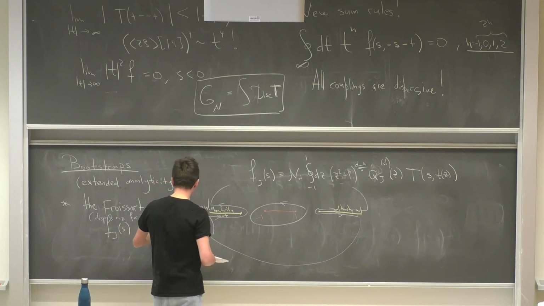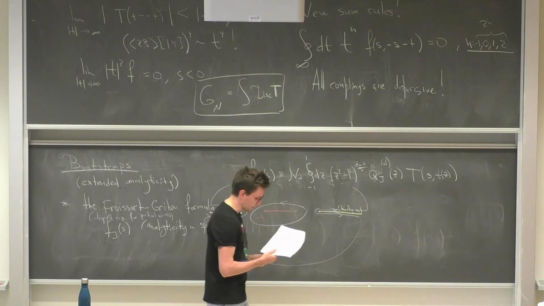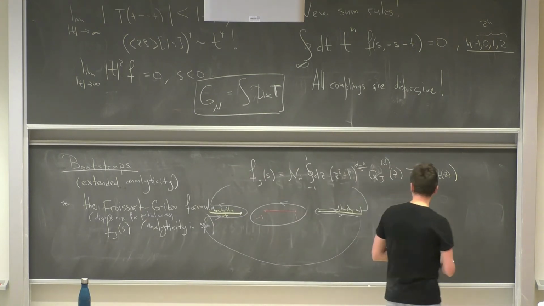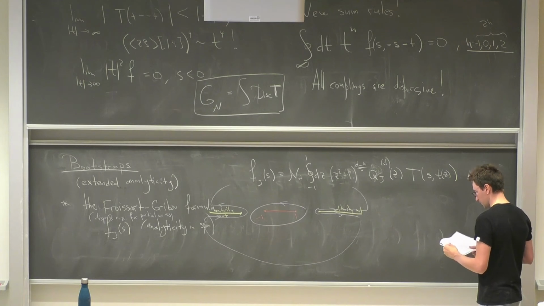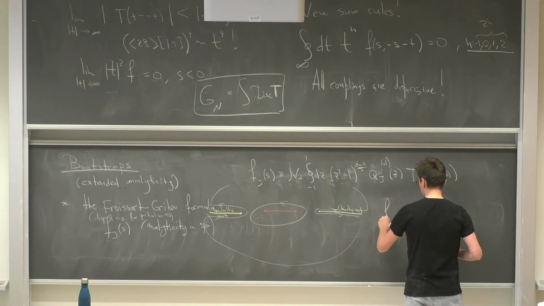And I guess you may already suspect that whenever something becomes dispersive, something good should happen. And it's indeed the case. If you deform this contour, you get the following representation.